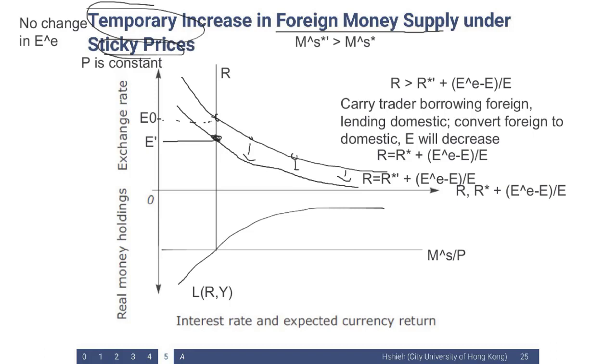So tell me what happens. Somebody tell me what happens in this graph. Of course, you can do the same analysis assuming you are the foreign country, but just in this graph from the perspective of the domestic economy, what should happen? So the hint again is, if the variable is not in the axis, something has to shift.